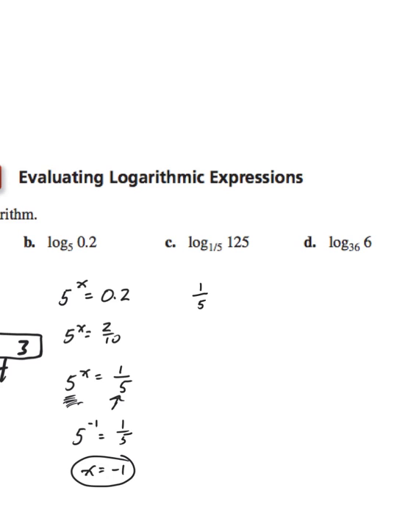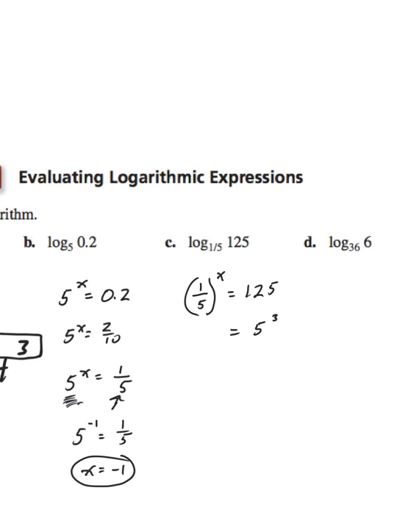1/5. Notice I put the parentheses around it, to the x power equals 125. Ooh, what are we going to do here? Well, we know that 125 is 5 to the third, right?